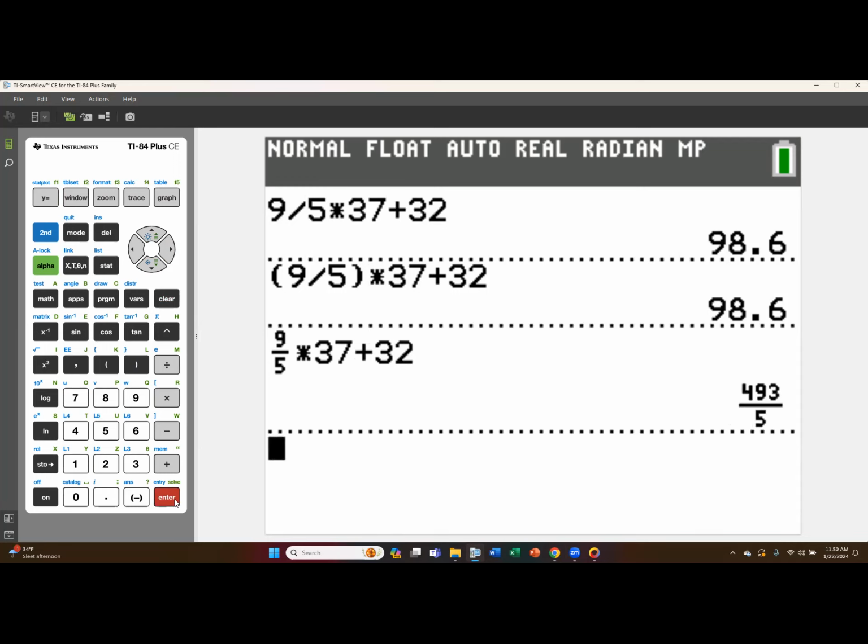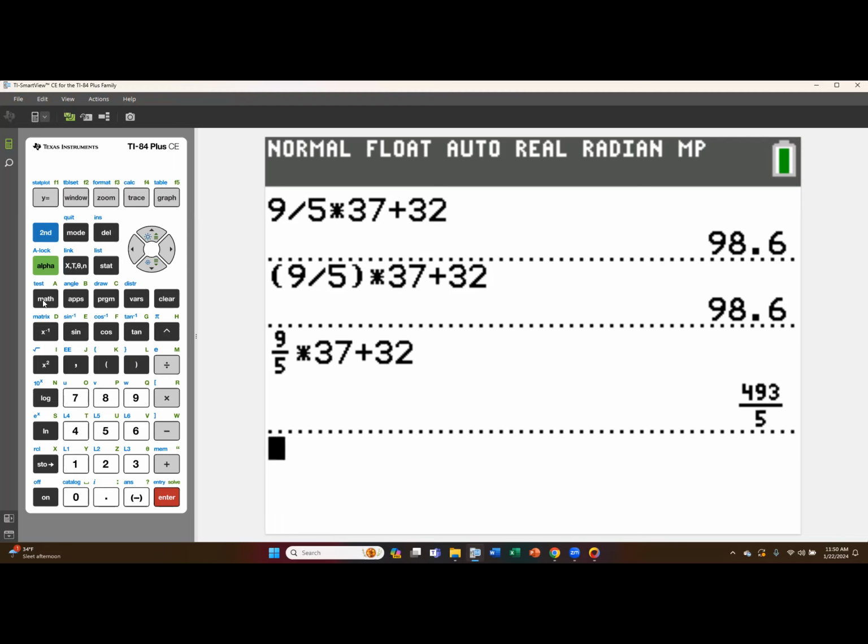Now, you'll notice that it gave me my answer as a fraction. Well, isn't that cool? Well, that's pretty cool. But I don't want a fraction. I want a decimal. So how do I take care of that? You have this wonderful thing over here called the math menu.